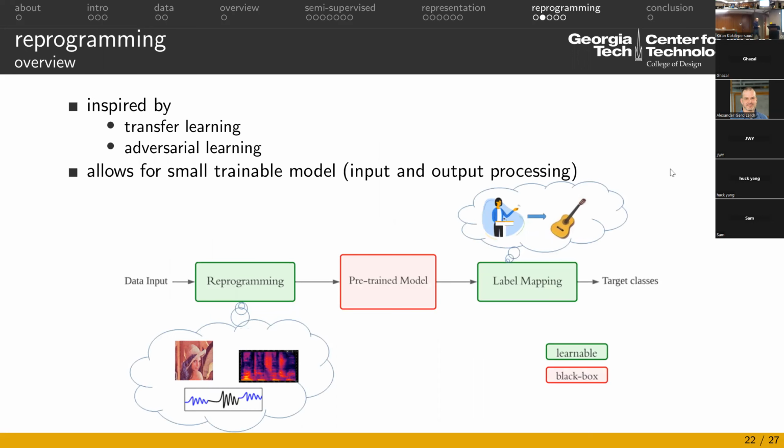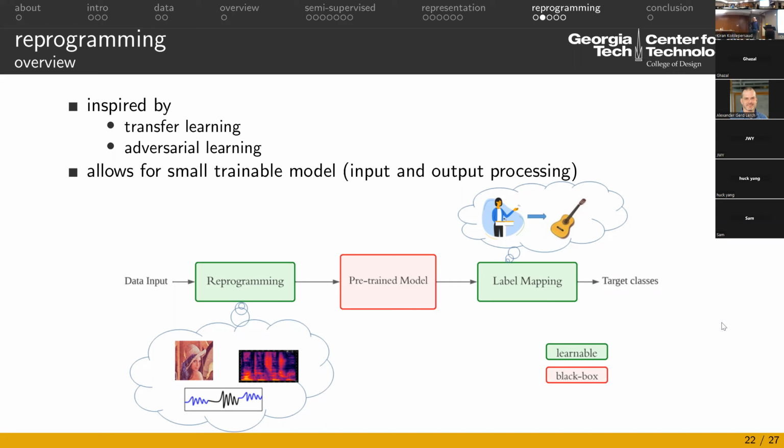So the idea here is, again, we have a pre-trained model. Maybe let's make an absurd example here. This pre-trained model is trained on images. And then what we do is we have a data input here. Let's say we have a spectrogram input, and then we train a network, this reprogramming network, that maps this spectrogram input to something that the classifier expects to know in some way.